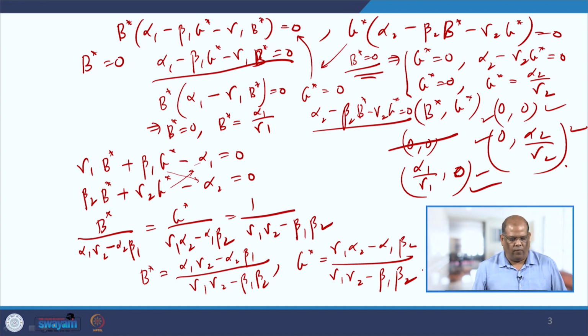So, you have 4 points of equilibria, and let us now go for the stability analysis. And for the existence of these points of equilibria, this is 0, 0, this one is clearly positive, this one is clearly positive, and for this, both of them either have to be positive or both of them have to be negative, because B star and G star cannot be negative.